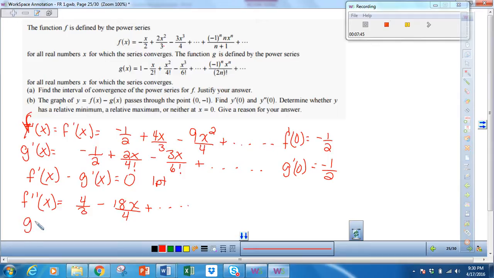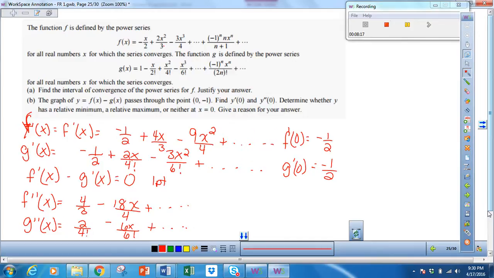And g double prime of x, that is 0, so I'm going to get 2 over 4 factorial minus 6x over 6 factorial, so on and so forth.